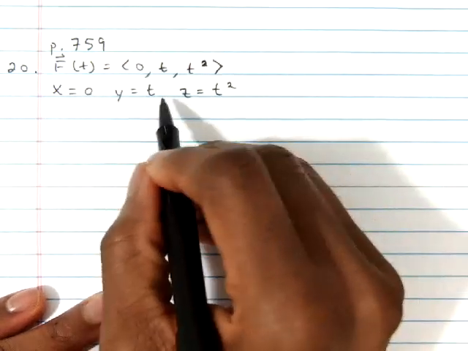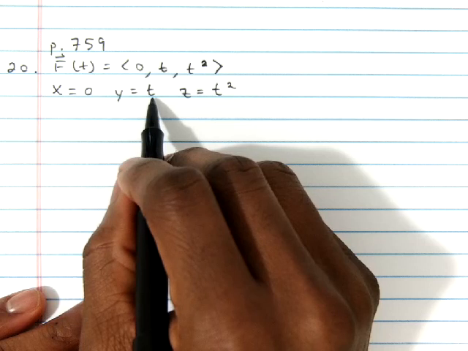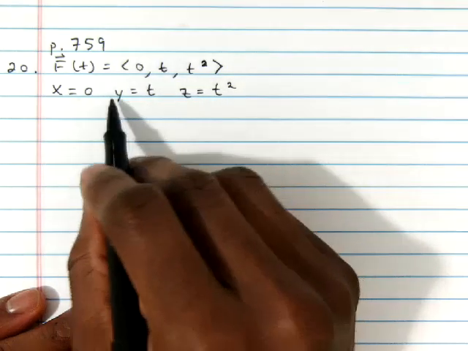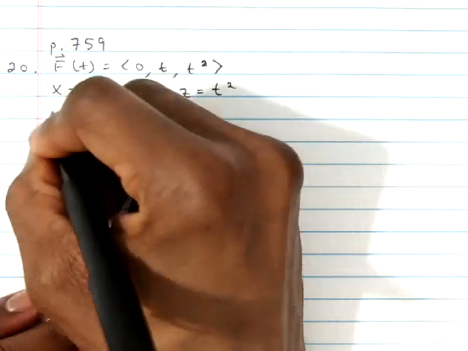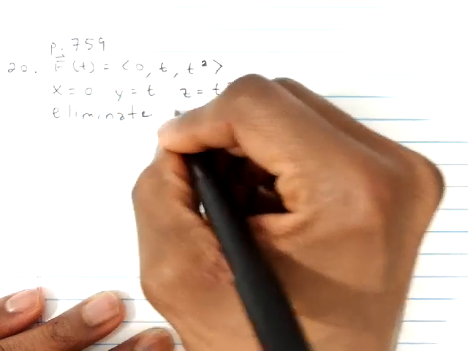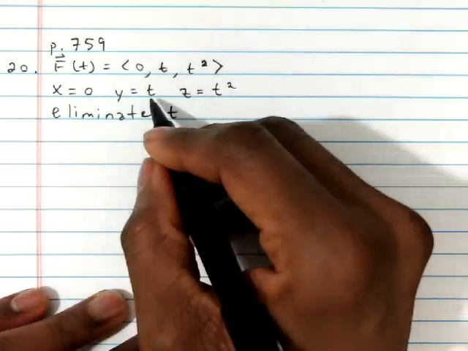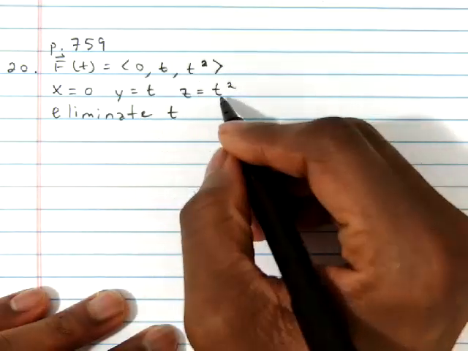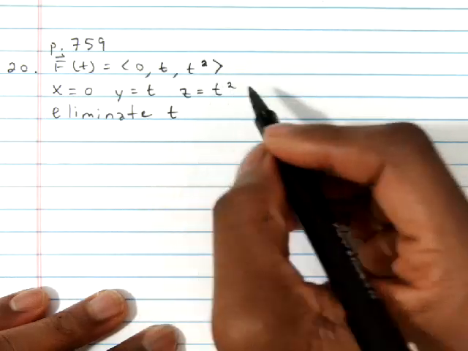So in a scenario like this, you're going to use this system of equations right there, and you're going to eliminate t. Sometimes it may require a little bit of ingenuity, but here all we're going to do is take y equals t and change this t right here to a y.